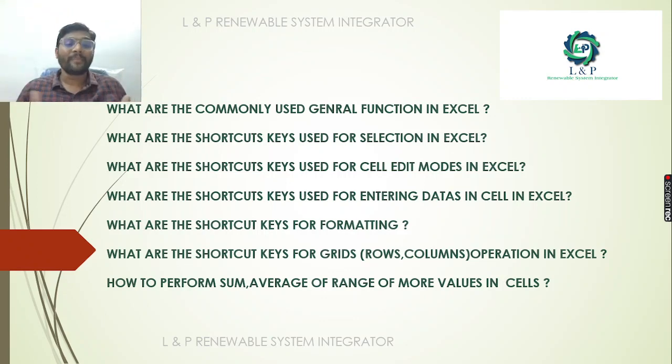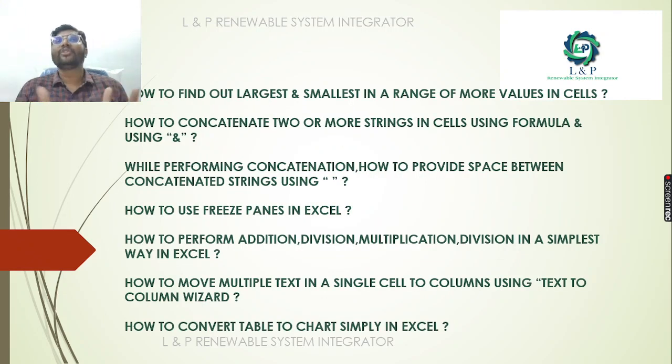And we are going to find the average of a range of values in cells, find the largest and smallest in a range of values, and learn how to concatenate two or more strings in cells using a formula and function. Also, while performing concatenation, in order to provide some space, we need to perform some operations.